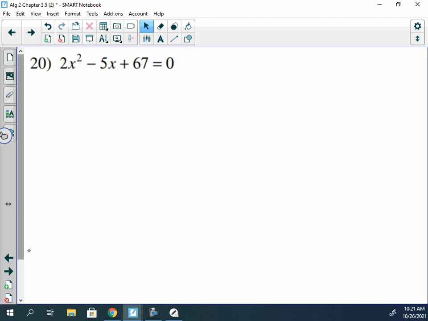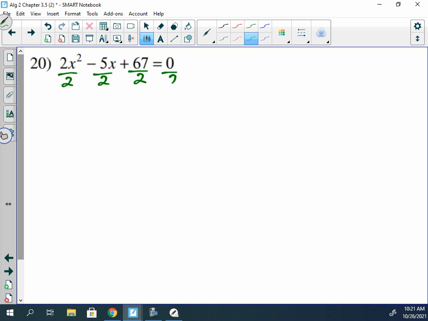Well, no, so we have to divide every single term by 2. Well, 2x squared divided by 2 is x squared, exactly what we wanted, yes? Well, what's the next one?